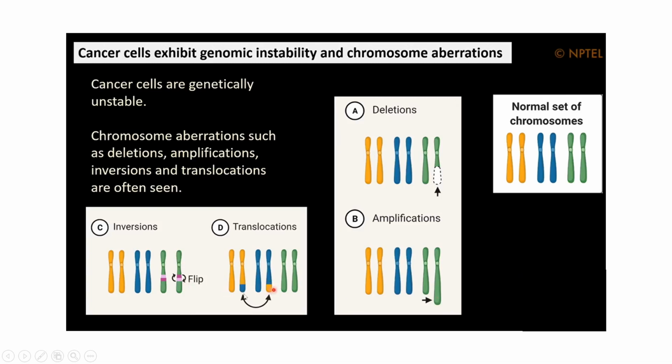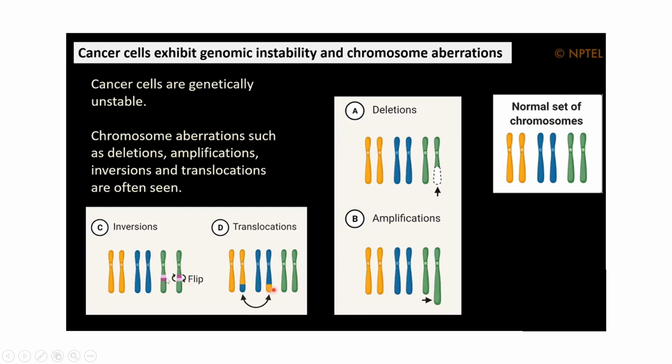Changes at the genetic level alone constitute the cancer. So this you can remember. Inversions: the orientation of the genes is reversed, so that gene will become inactive.